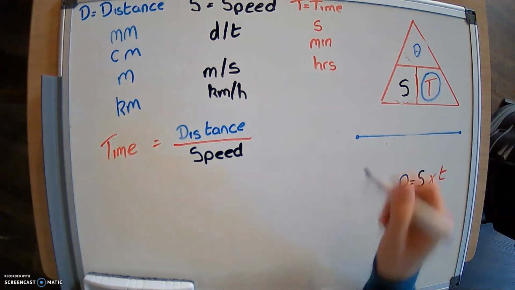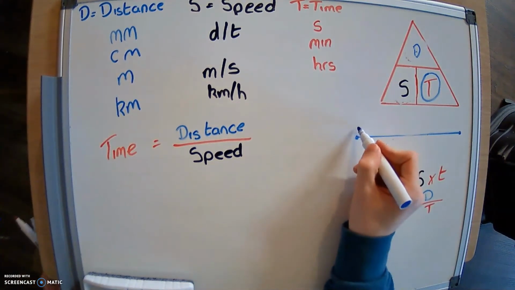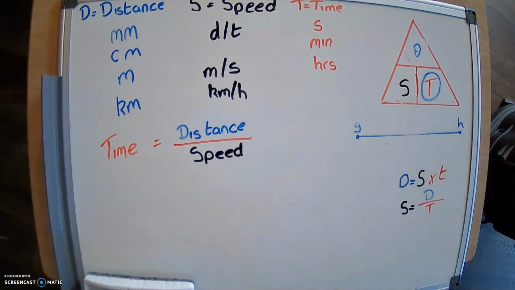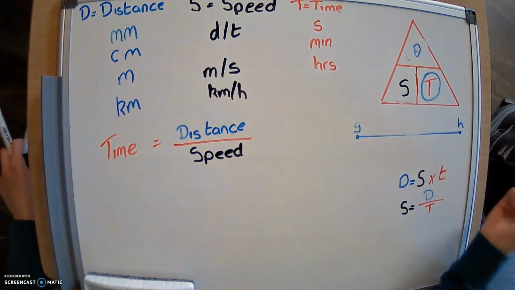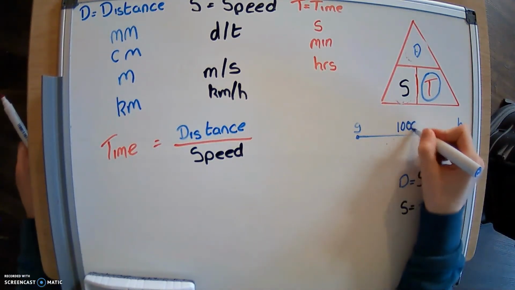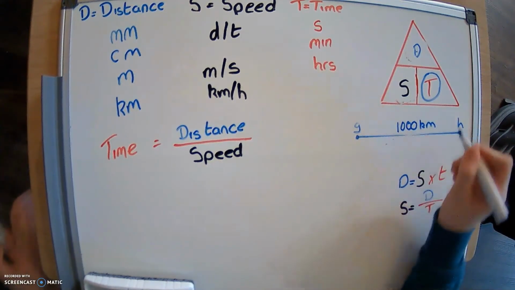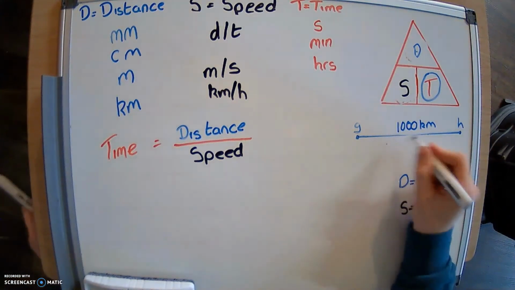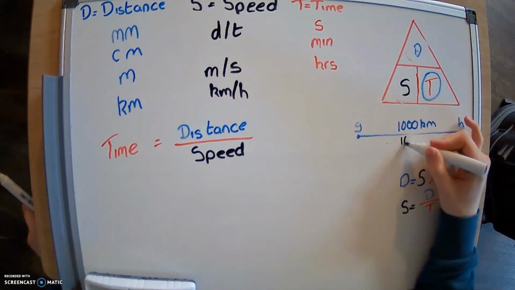So for this journey, I'm going to be going from point G to point H. Point G to point H is a distance of 1,000 kilometers, and going at an average speed of 100 kilometers per hour.